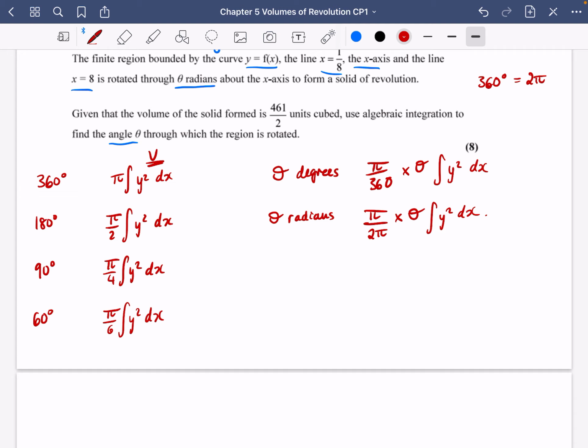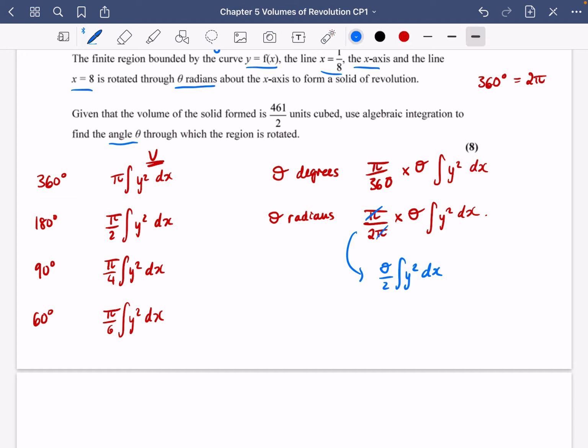Now this can simplify, because the pi's cancel, so you just get theta over 2 y squared dx. The pi has gone because of the pi from the cylinders cancelling with the pi from the equivalent of 360 degrees being 2 pi radians.